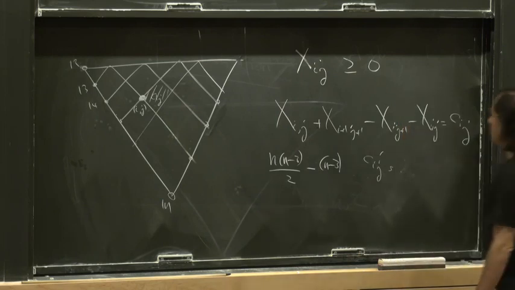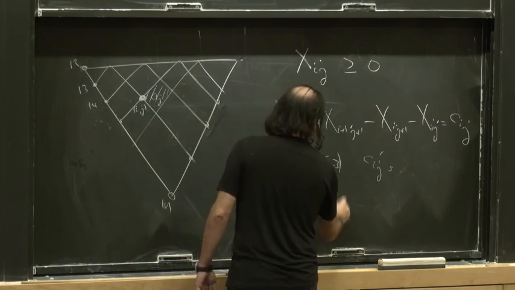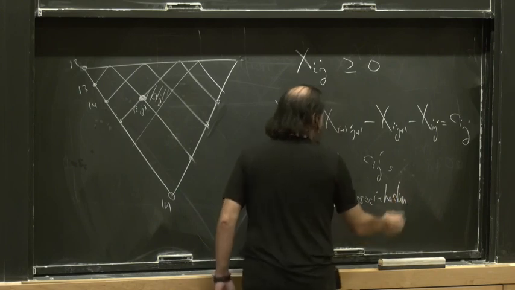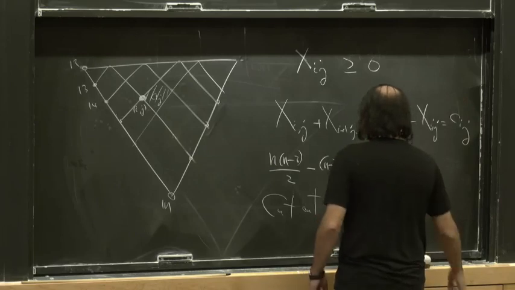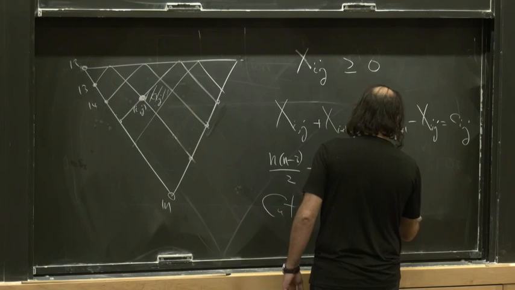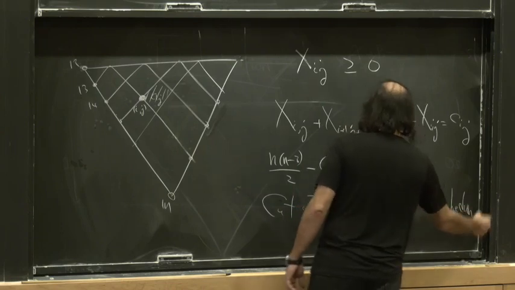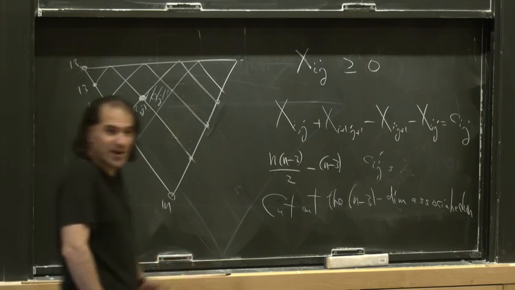And the claim is that these equations cut out the n minus 3 dimensional associahedron. I've given you the conceptual reason for it, because they clearly cut out a polytope, and the polytope manifestly factorizes on its boundaries.